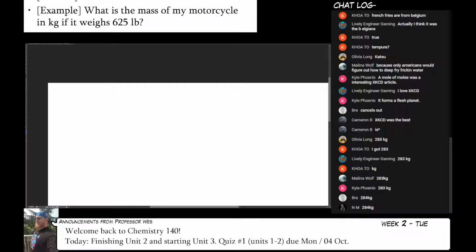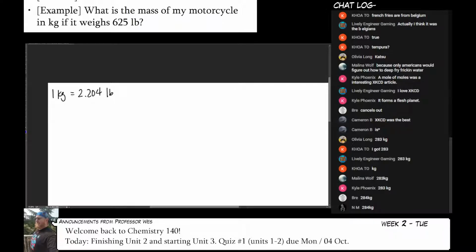So according to Google, one kilogram equals 2.204 pounds.